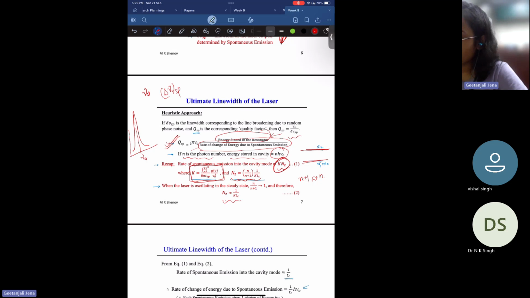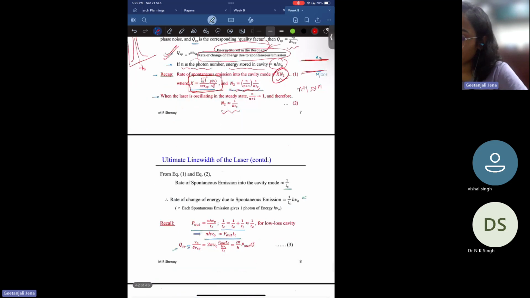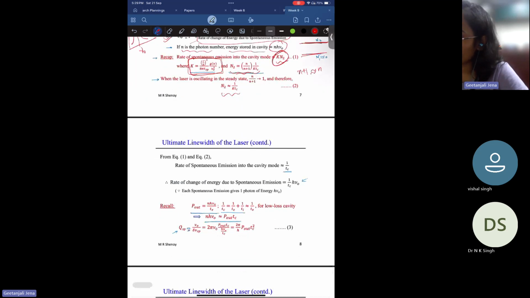So that means N2 is 1 by kT. So now we can easily find the rate of spontaneous emission, which is k times N2, and N2 is 1 by kT. So k into 1 by kTc. That means the rate of spontaneous emission is given by 1 by Tc. So this is the rate of spontaneous emission in the cavity mode.